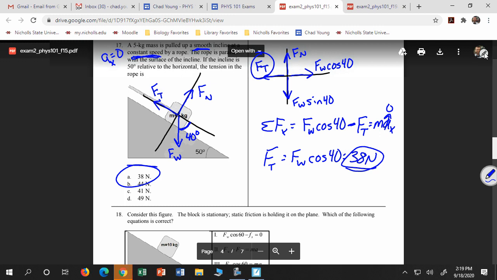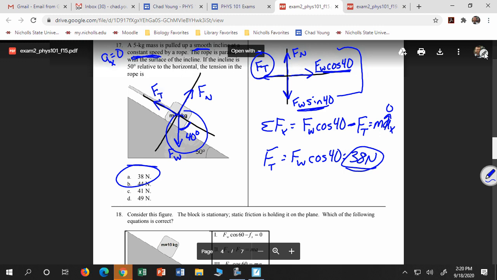Oh, so if you take the angle measured from the x-axis, your x component will always be the cosine. So that really goes back to this step right here. When I resolve my vectors, when I take this vector and resolve it onto the x and y axes, I know that this is going to be cosine of 40 because that's my x component, and this is going to be sine of 40 because that's my y component.